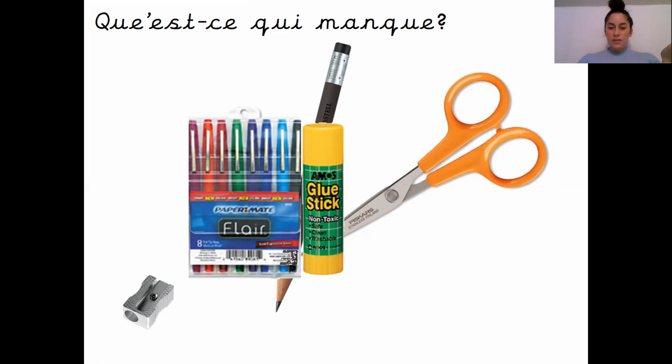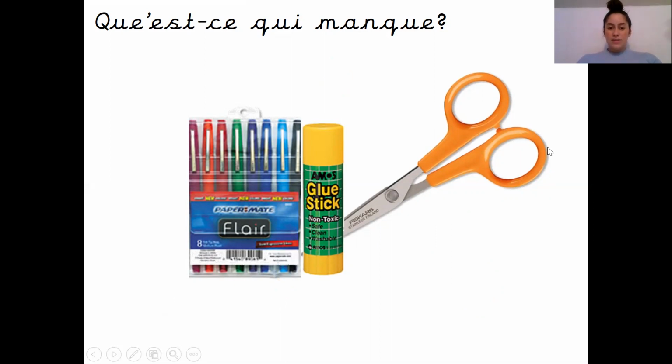Qu'est-ce qui manque? Une gomme. Qu'est-ce qui manque? Un crayon. If you notice, the pencil went missing. Qu'est-ce qui manque? Un taille-crayon.